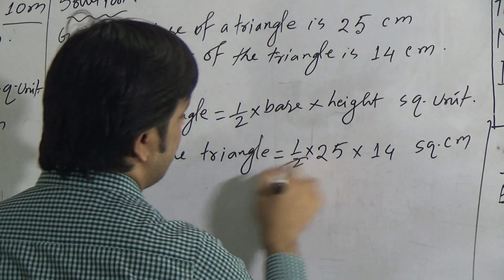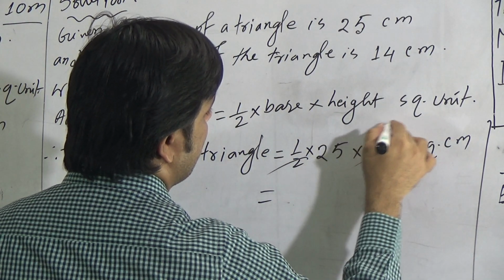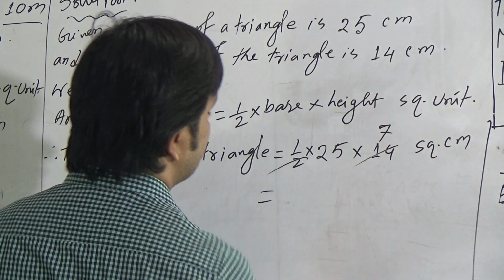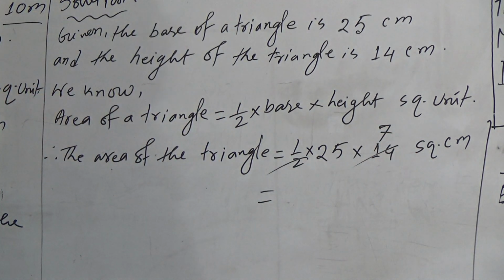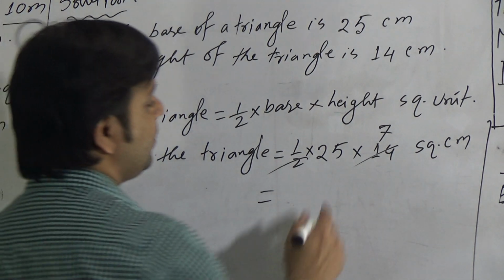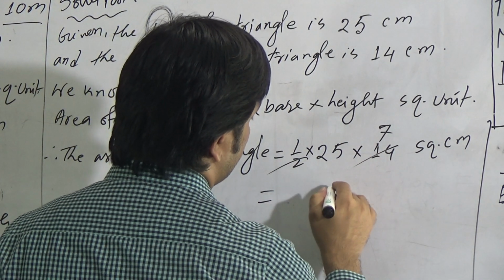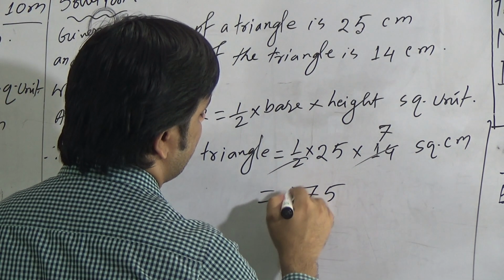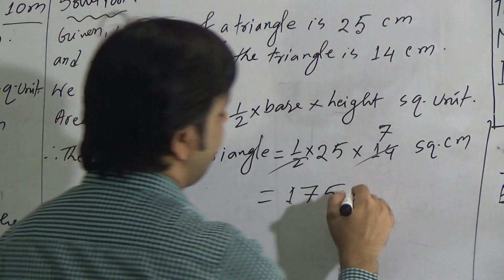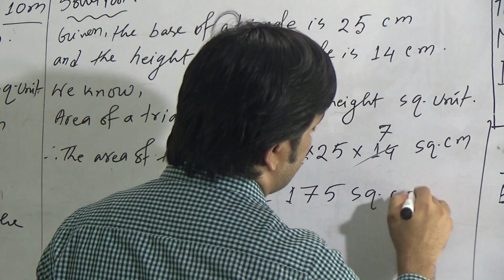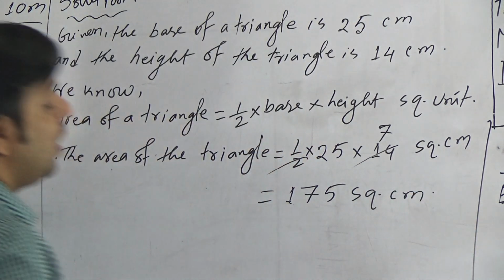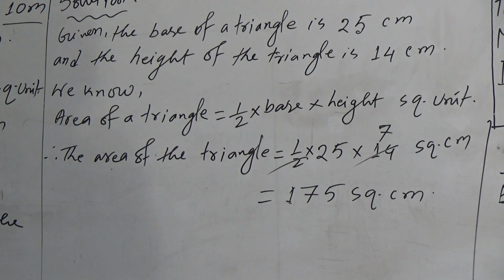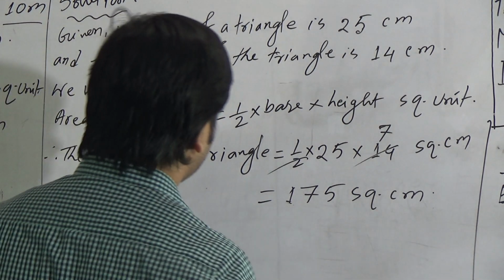If we calculate, we can cut 2 and 14. Here we will get 7. So multiply 7 and 25. What will be the product here? 5 sevens are 35, 7 twos are 14 and 3 is 17. So 175 square centimeter. This is the area of the triangle. As the unit is centimeter, so area will be square centimeter.